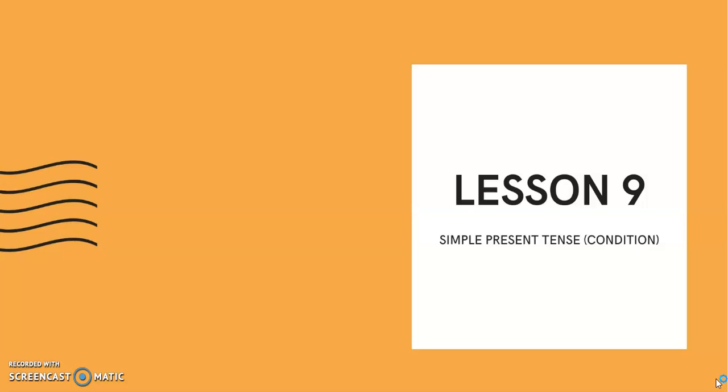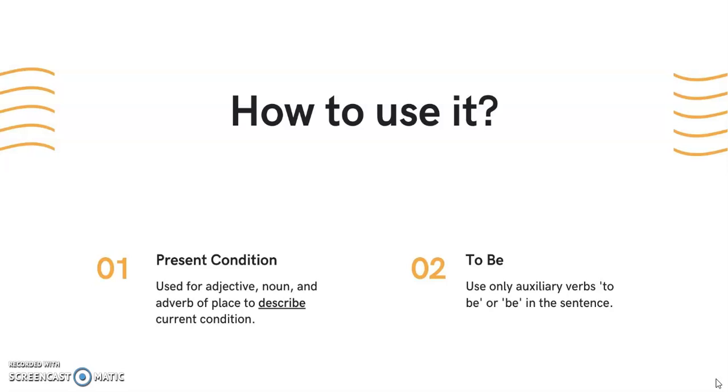In simple present tense, in this lesson you have this tense to use to describe conditions. Here you have present condition to describe adjective, noun, and adverb of place, to describe current conditions, and you have to use to be instead of regular verbs.